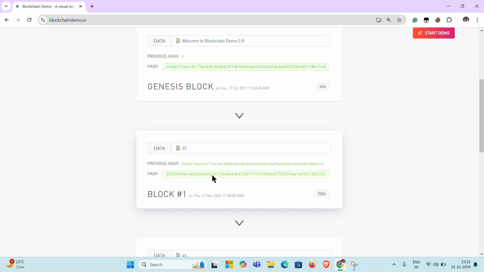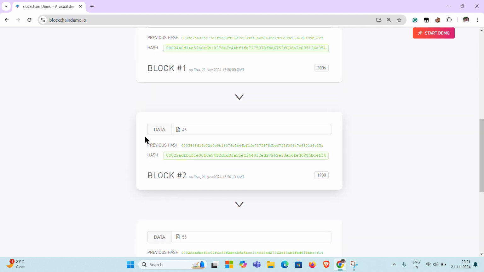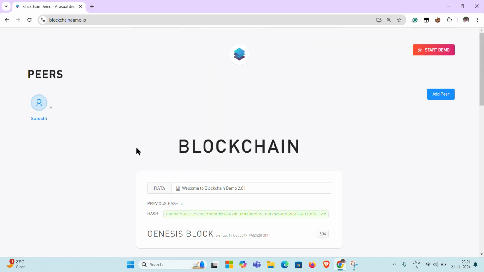Like that, each block always maintains the previous hash and its own block hash value. This is one node.